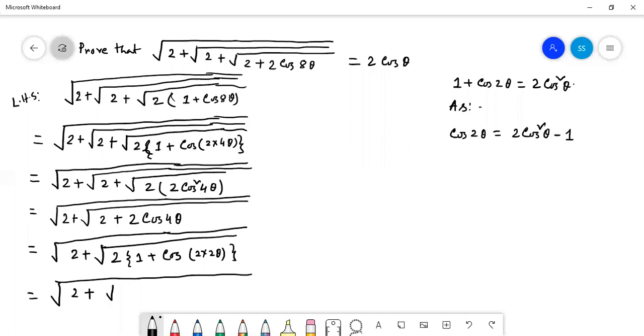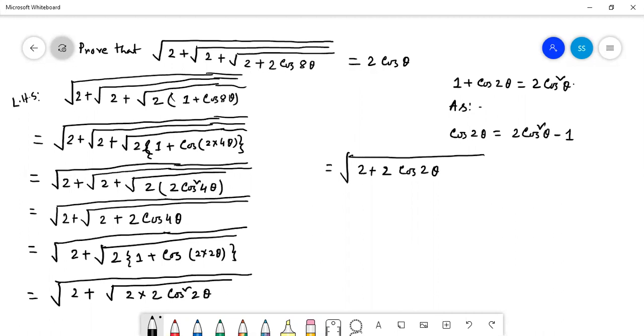So 2 plus root 2 into 2 cos square 2 theta is equal to root 2 plus, it is 4 cos square 2 theta. That means after square root it will be 2 cos 2 theta.